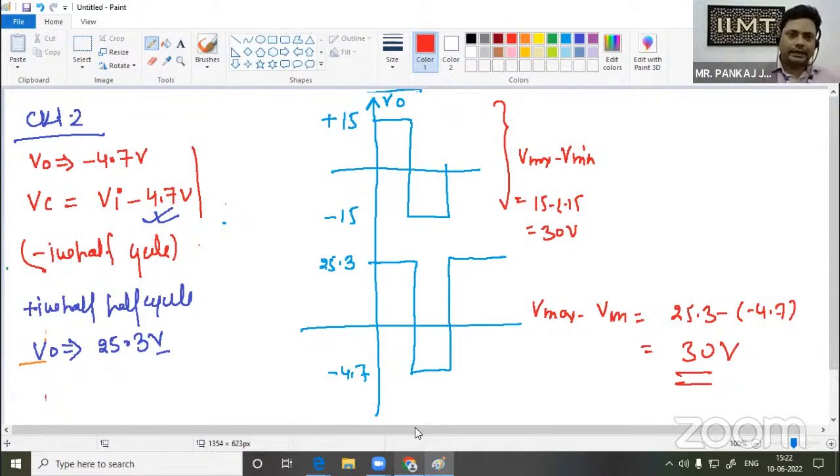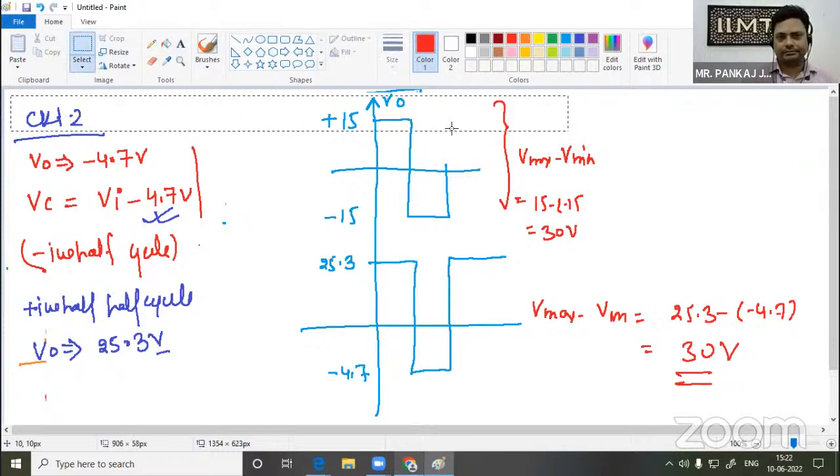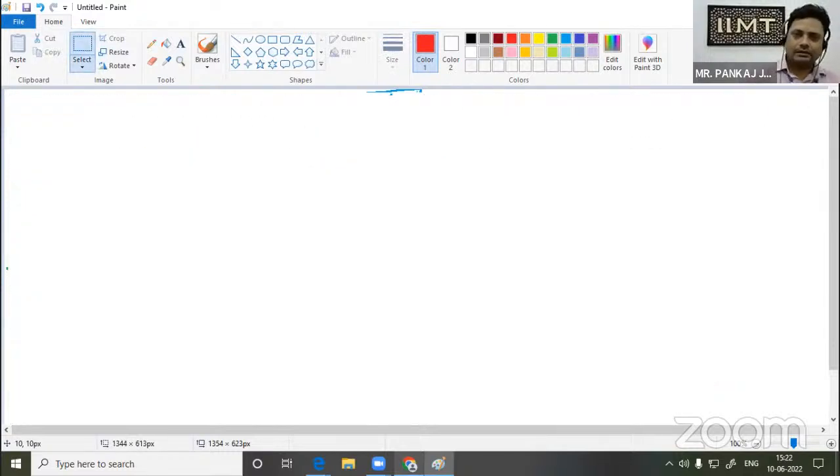In the next section, I'm going to discuss what to do if input and output both are given and we have to design the circuit.